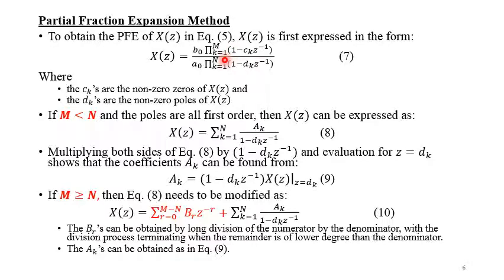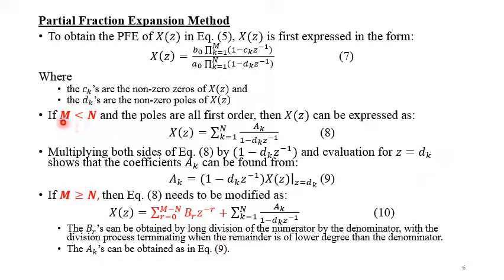You are familiar with these terms from when we were doing the Z-transform, right? If we look at this one, these ck's are the non-zero zeros of X of z, and dk's are the non-zero poles of X of z.